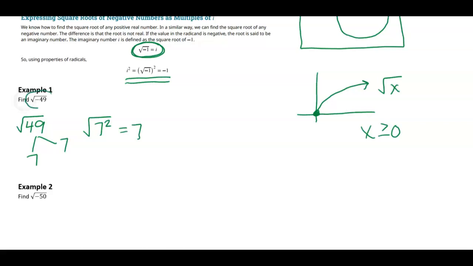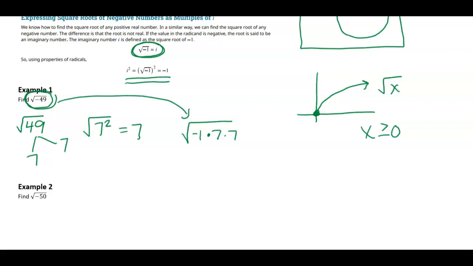However, this example has a negative on the inside, so let's talk about how this is just a smidge bit different. I'm going to rewrite -49 as -1 times 7 times 7.